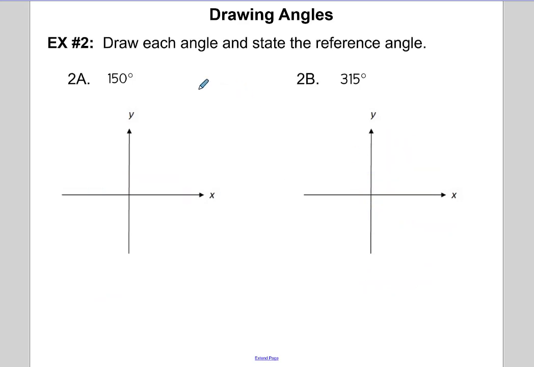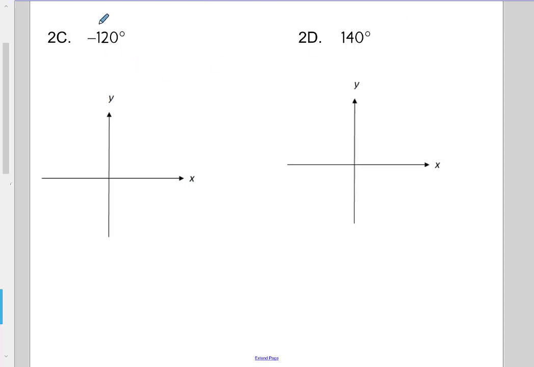Then we have 2 more. This one should be negative 120. Let me fix that. There you go. So negative 120, our initial side is going to be in blue. So our initial angle is a negative angle starting on the positive x-axis, spinning in a negative fashion 120 degrees.